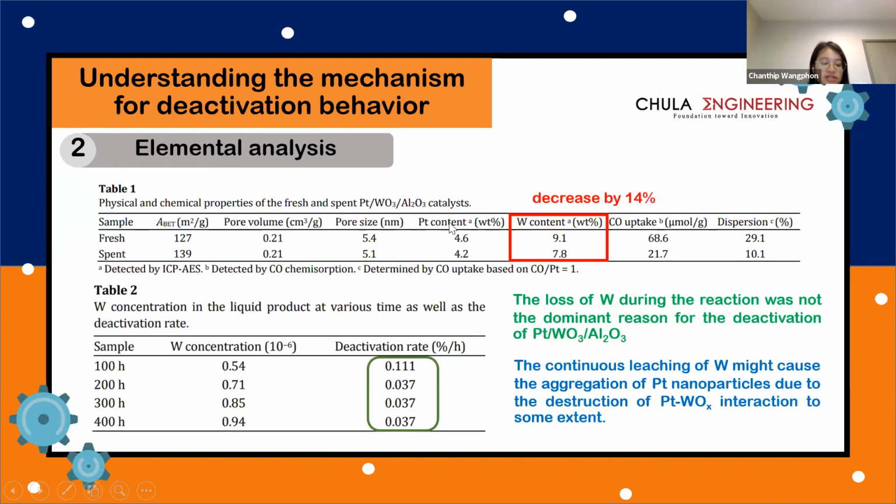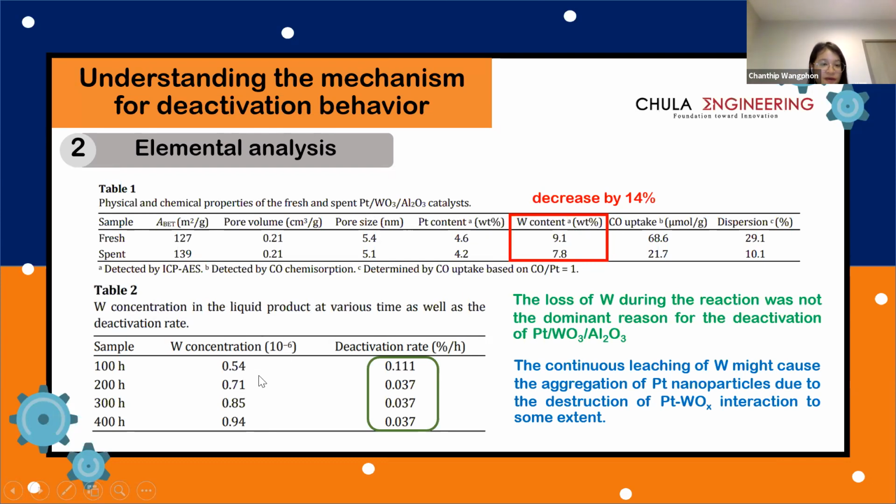And to check the leaching of the active component in the long-term reaction, we can see that the tungsten content dropped from 9.1 to 7.8%. To check whether the leaching of tungsten was responsible for the deactivation of this catalyst, we analyzed the tungsten concentration in the liquid at various times, and the results are shown in table 2.